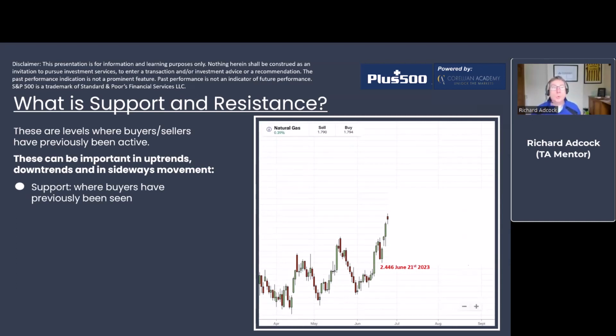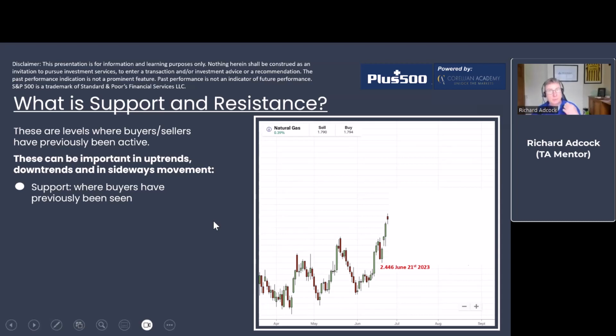Now, support is where buyers have previously been seen. So in this chart of natural gas, we can see that the low established on June the 21st last year was an area from which the market rallied back sharply. In other words, we saw strong buying support developing at that level.